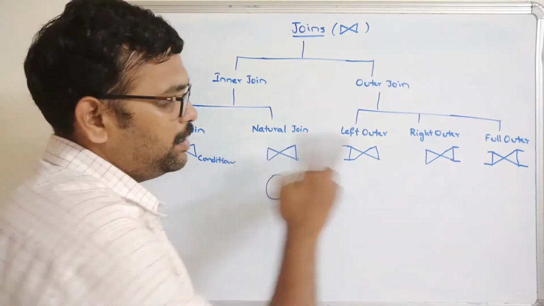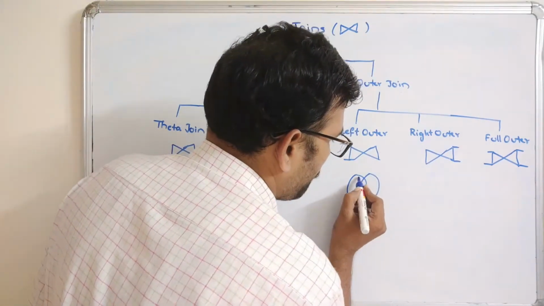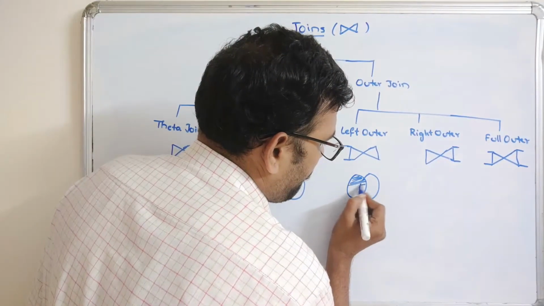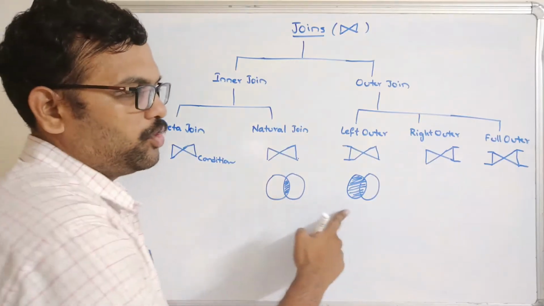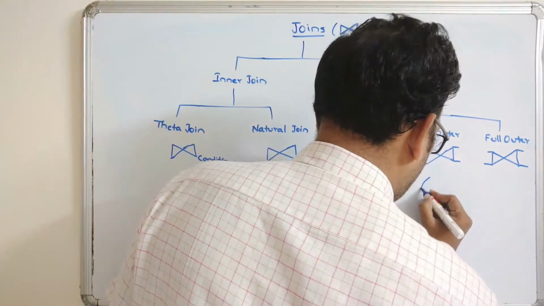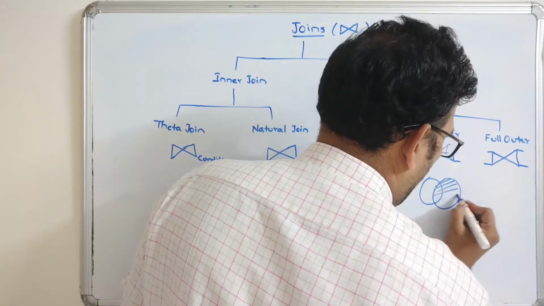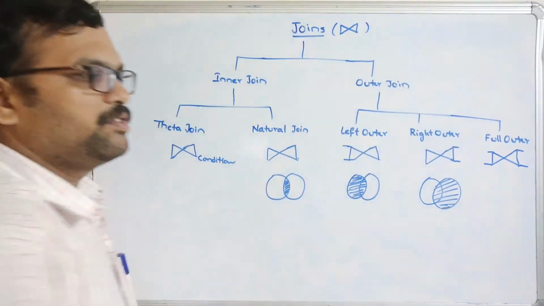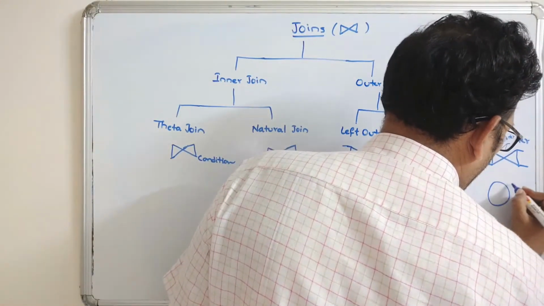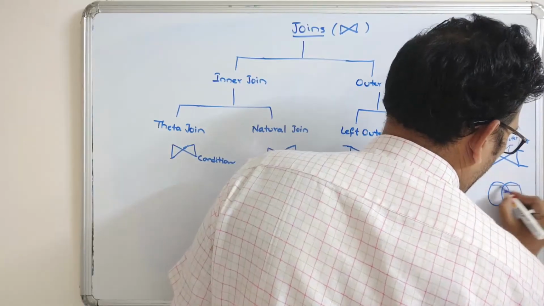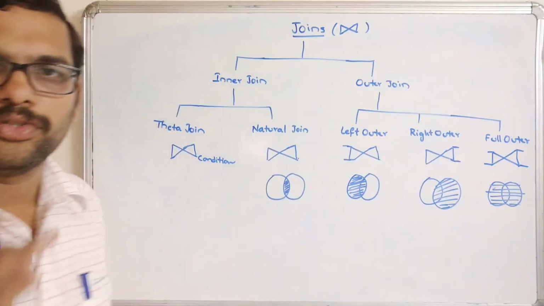And if you consider the left outer join, this will be the left outer join. This will be the right outer join. This will be the full outer join.